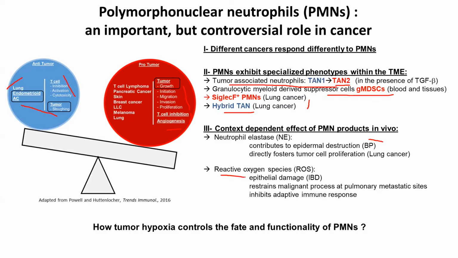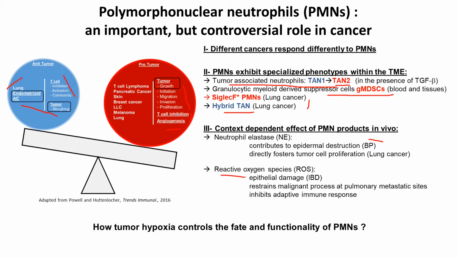This is also the case for the reactive oxygen species, the ROS, regardless of their source. ROS can have a mitochondrial source or a source from the NADPH complex. These oxygen species have been shown to induce epithelial damage in the context of inflammatory bowel disease, or can restrain the malignant process at the pulmonary metastatic site, or inhibit the adaptive immune response.